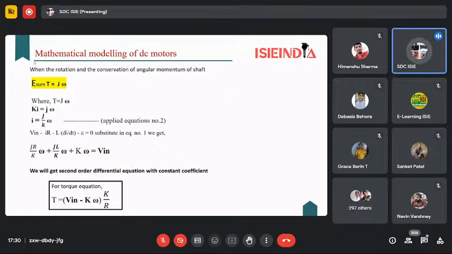So we will move towards the case when we take tau equal to moment of inertia and angular velocity.